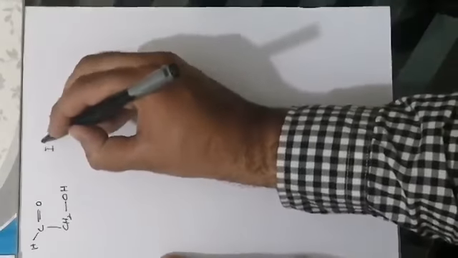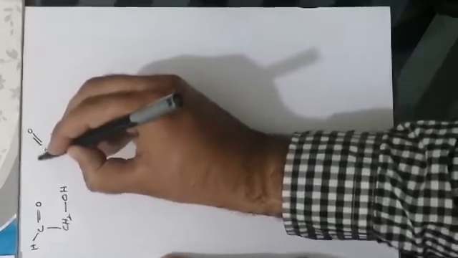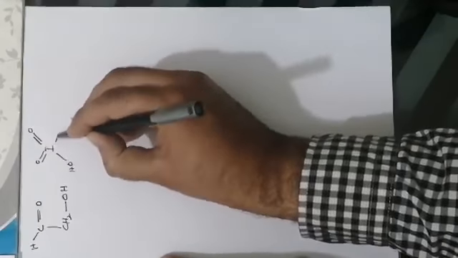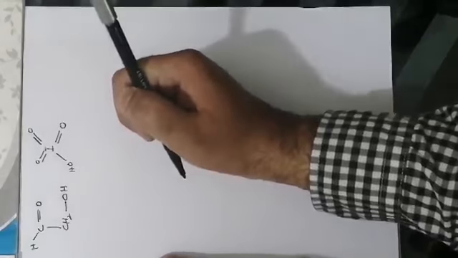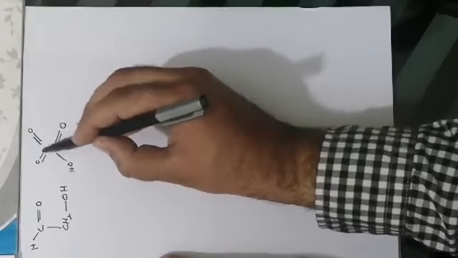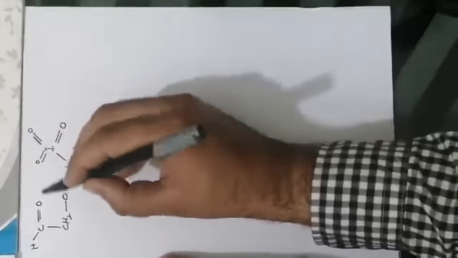Another molecule of periodic acid is here. 1 2 3 4 5 6 7, yes, periodic acid.